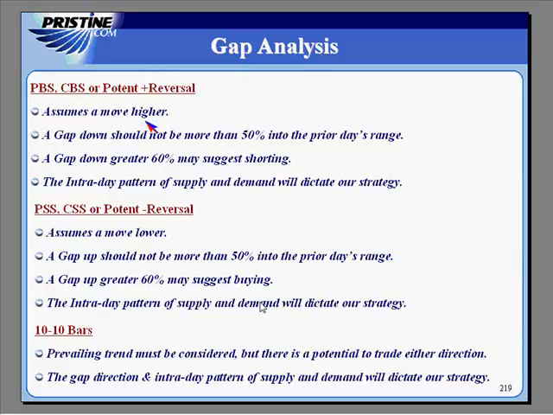Ideally, we're looking for a gap up, not too extreme, or an open in the area of the prior day's close. If it gaps down too far, we might have a failed buy setup there. That would probably be gapping down under support, and then we would look for potential shorting setups.